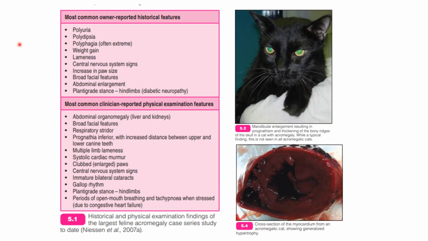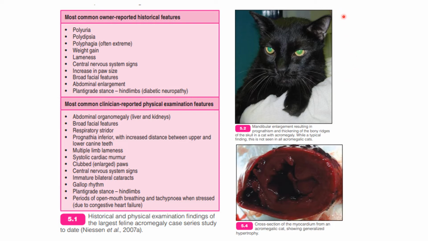An example naman on the other end of the spectrum, kung kanina dwarfism, ngayon we have our acromegaly. So feline, an example here is a feline acromegaly. So if you can see here, the facial features is very odd.